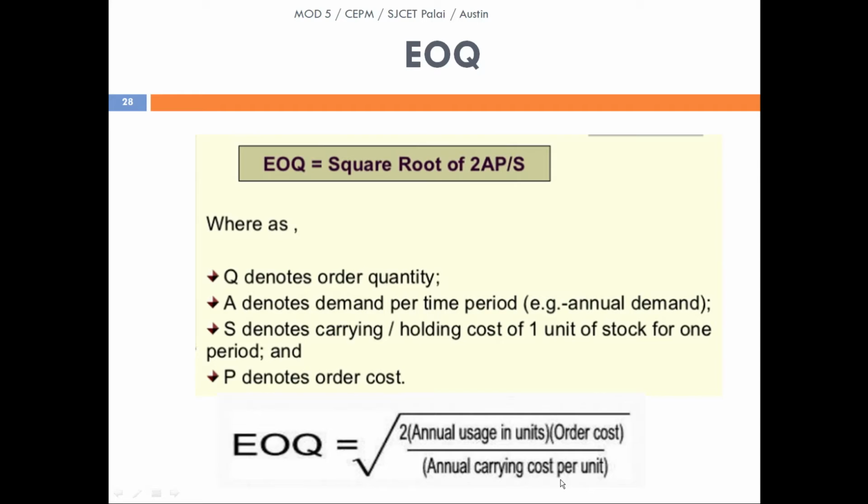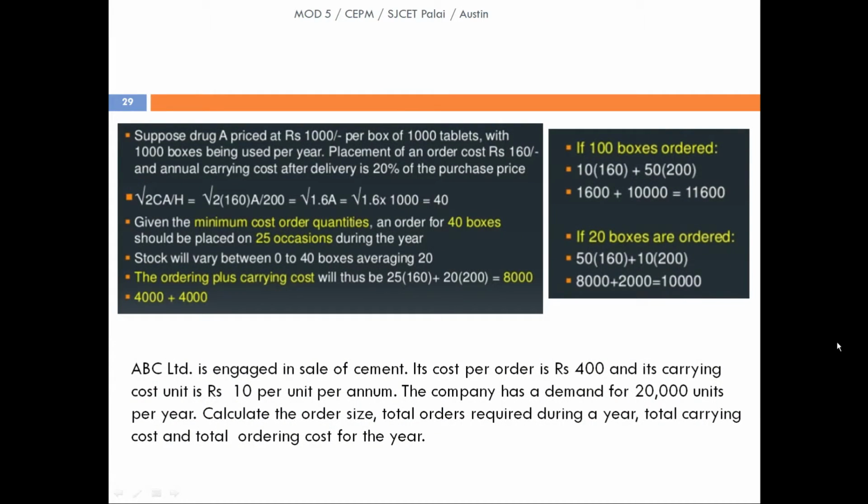We can see the concept of EOQ based on ordering cost and holding cost by an example. Take this case. Suppose a drug A is priced at rupees 1000 per box of 1000 tablets, with 1000 boxes being used per year. The placement of an order costs rupees 160.